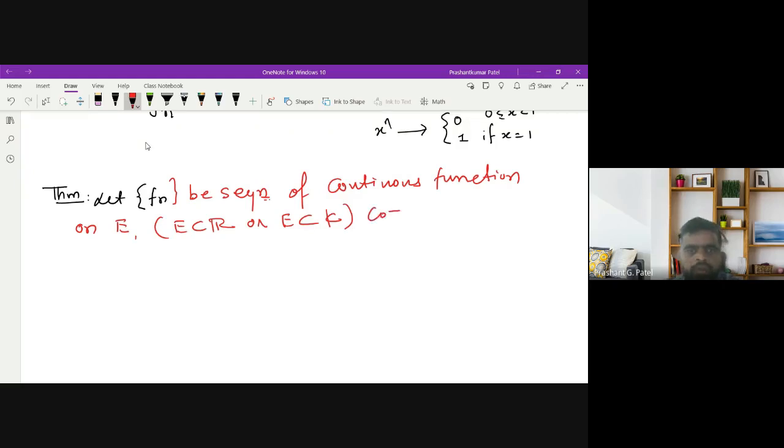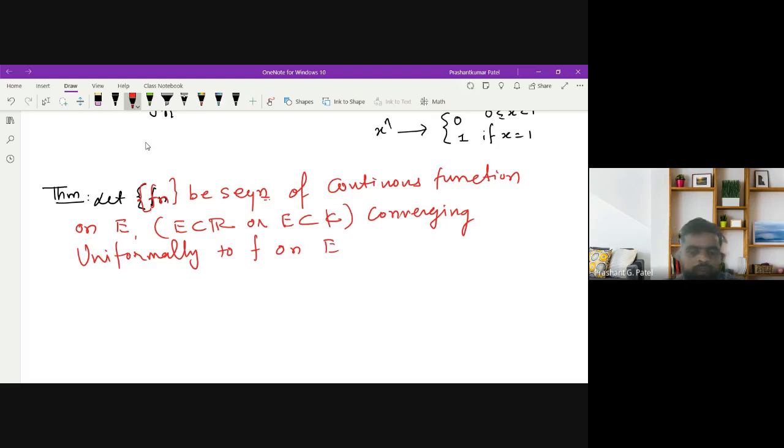Converging uniformly to f on E. So this sequence fn is a sequence of continuous functions which converges uniformly to this function f.